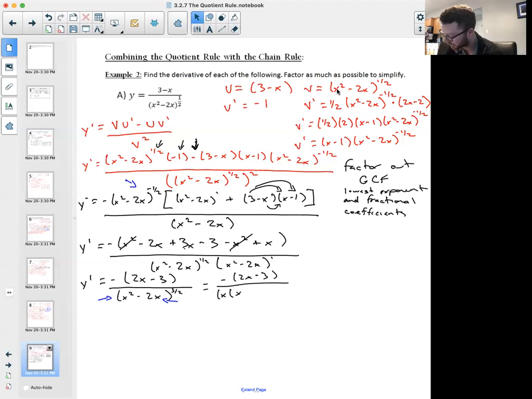So that will give us x minus 2, exponent 3 over 2. We can distribute that throughout the lower bracket if you wanted to. Not necessary. I'm okay if you leave it like this as your answer.